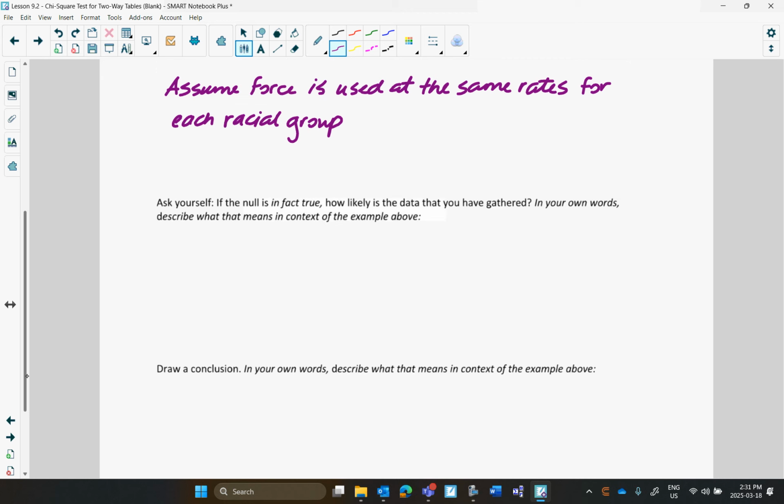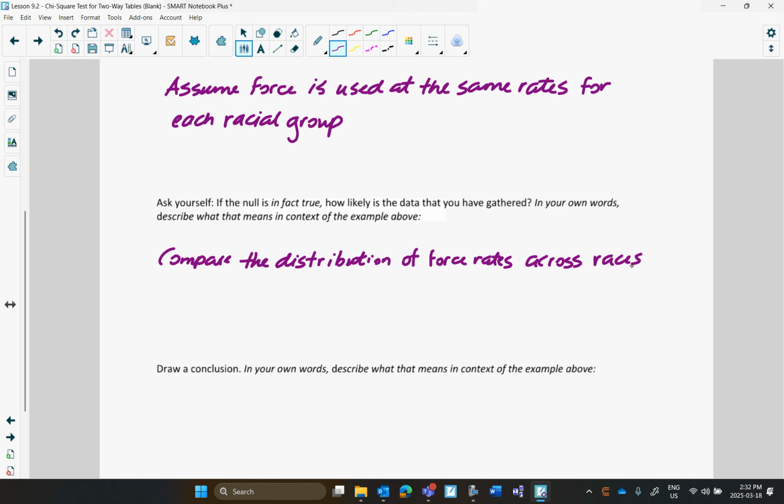Okay, so what we have to do is compare the distribution of force rates across races in our sample data.